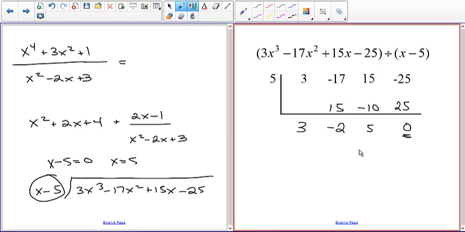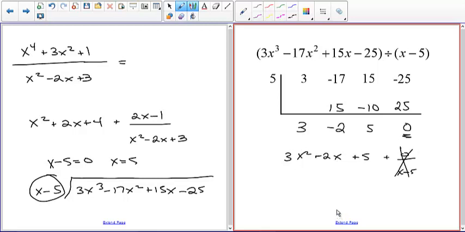We can also say this is the x squared term, this is the x term, this is the constant. So we'll get 3x squared minus 2x plus 5 plus 0 over x minus 5, which we don't have to show.